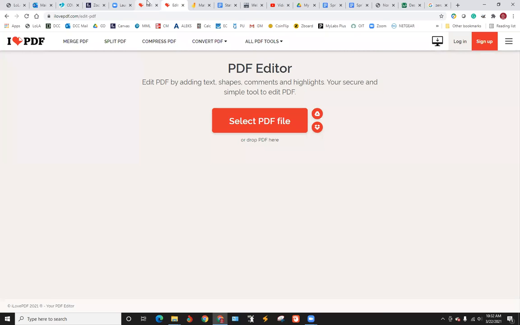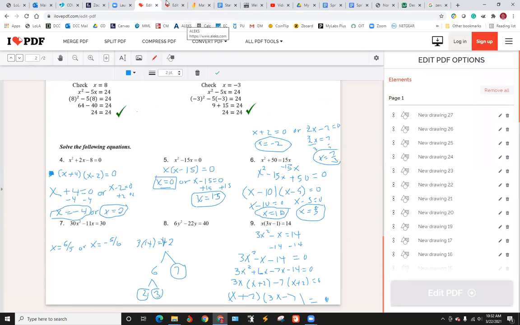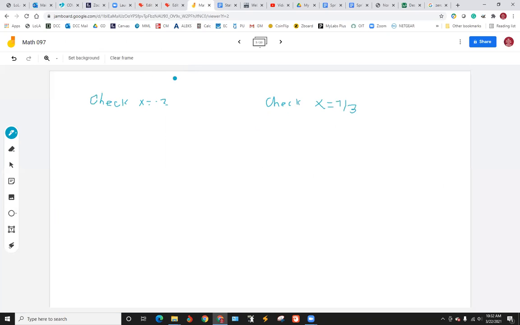It was x times 3x minus 1. All right, so let's just check in the original. So negative 2 times 3 times negative 2 minus 1. Is that equal to 14?